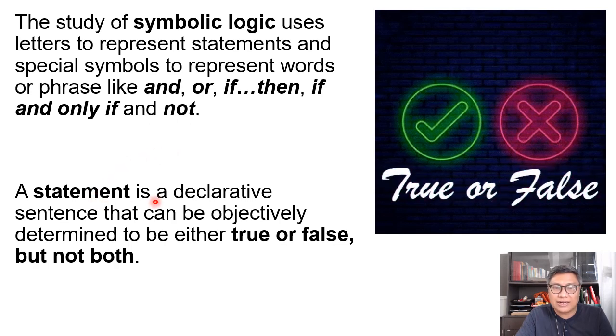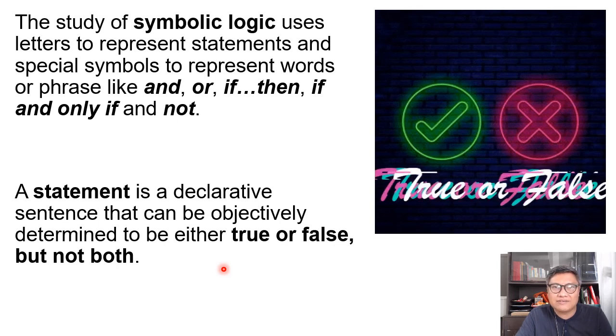A statement, class, is a declarative sentence that can be objectively determined to be either true or false, but not both. So first, you look into whether it is a declarative sentence.